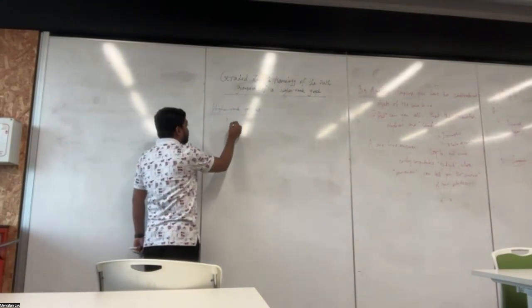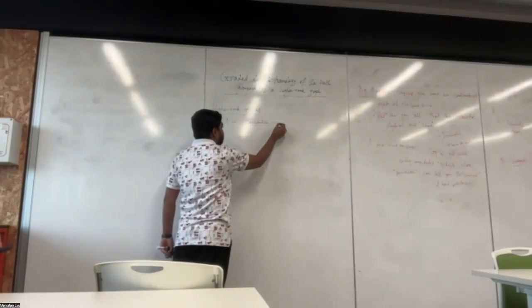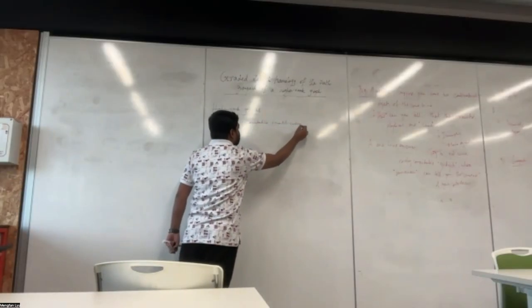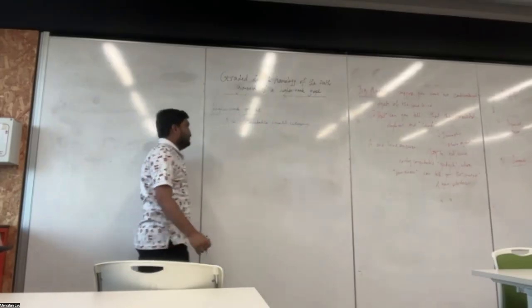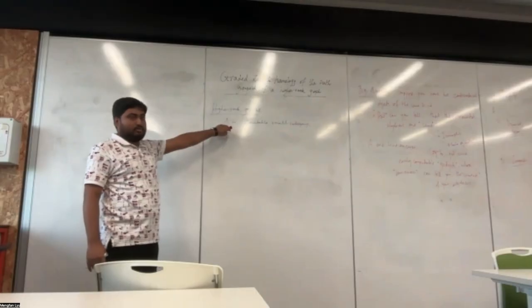You start with a countable small category. Right, that means the class of morphisms is indeed a countable set.